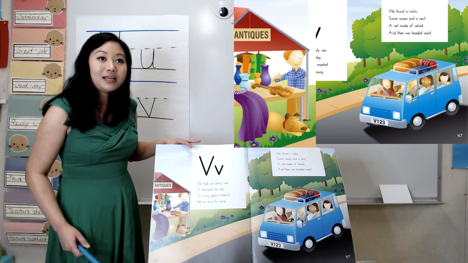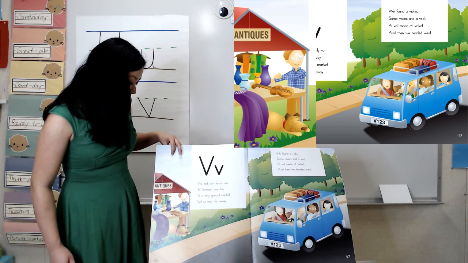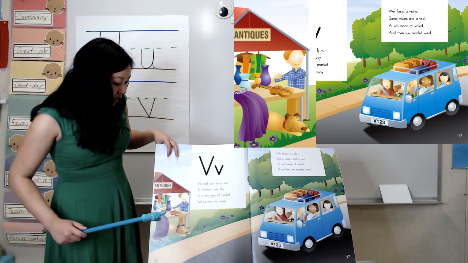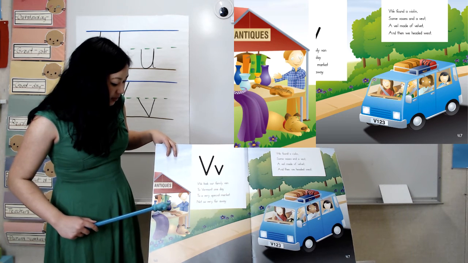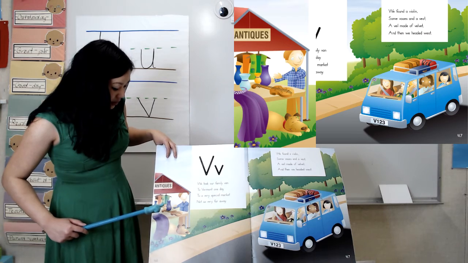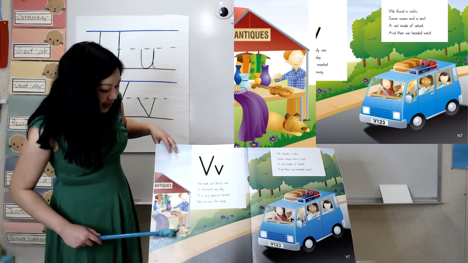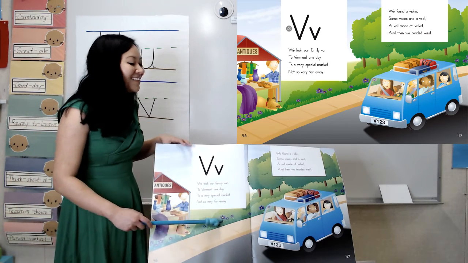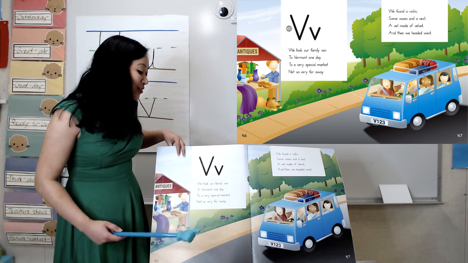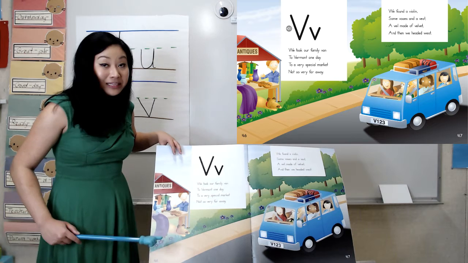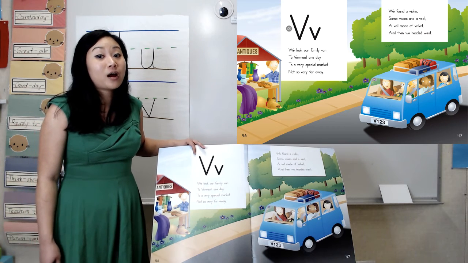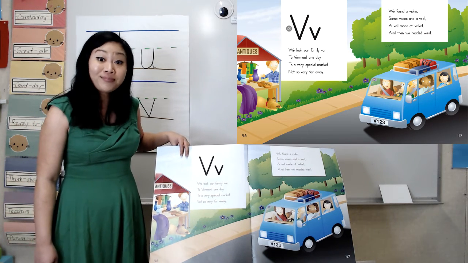And this man is selling some different things. I see a violin, a vase, a vest, and a dog. Oh, and these flowers. Silly me. These flowers, those are violets. Violets are purple. I'm not sure what this is, but I'm sure that if we read our poem, we can find out. Are you ready?